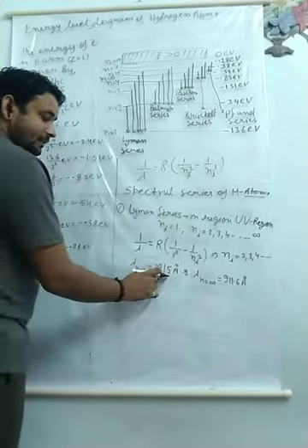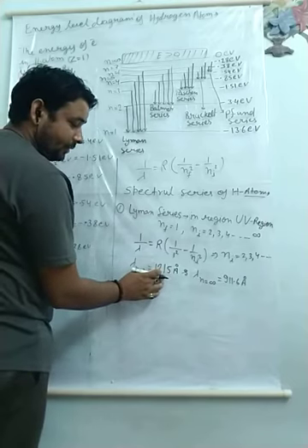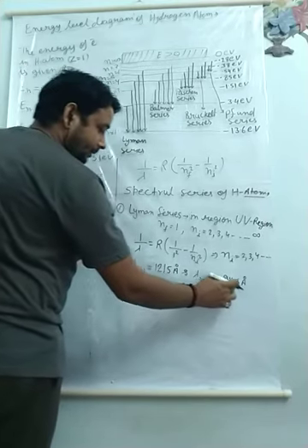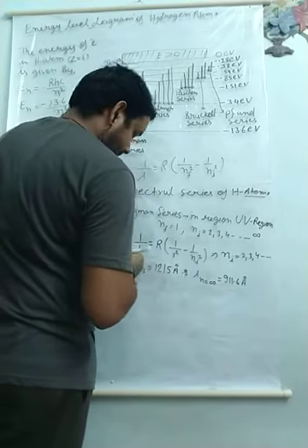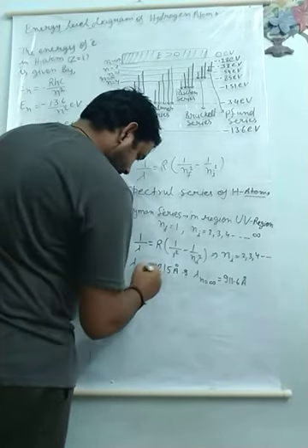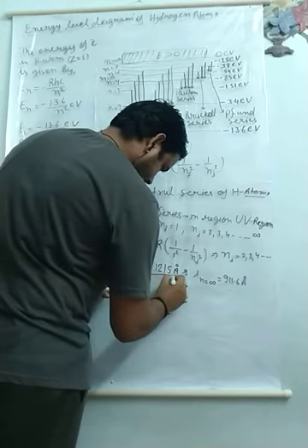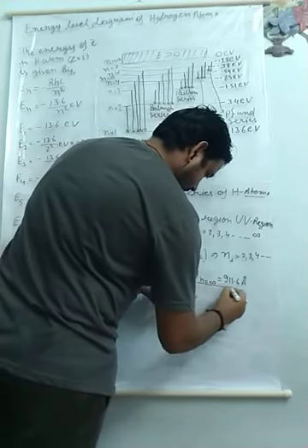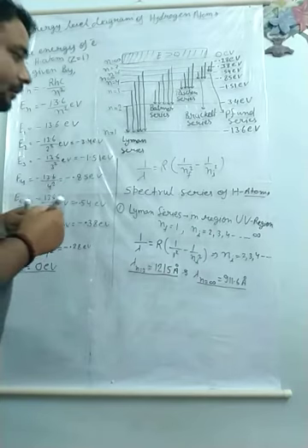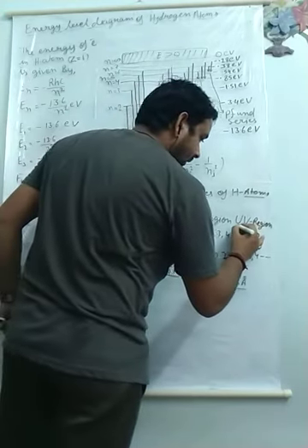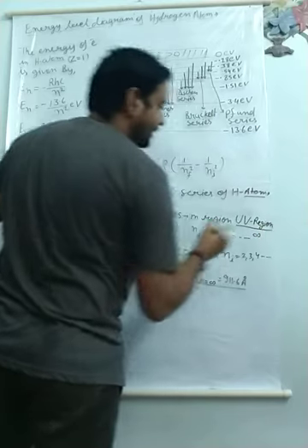This is the maximum wavelength and this is the minimum wavelength. Okay, this needs to be remembered, along with the region of the series also.